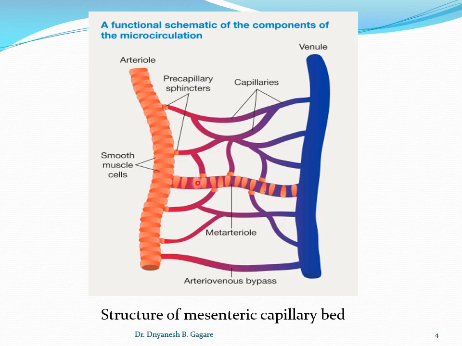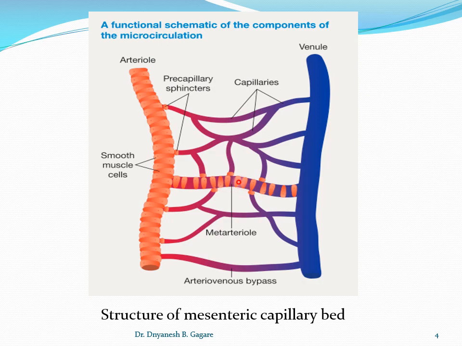Also it divides and redivides into the meta-arterioles. Meta-arterioles are intermittently encircled by a smooth muscle coat. Intermittently means there is a gap, and this yellowish color is the smooth muscle coat, but it is intermittent.